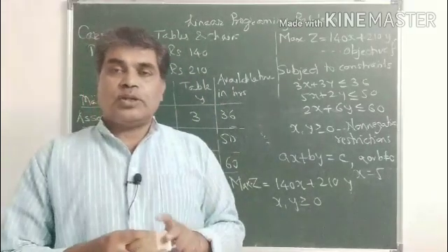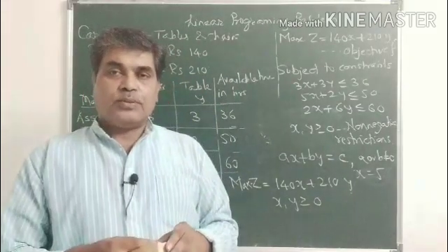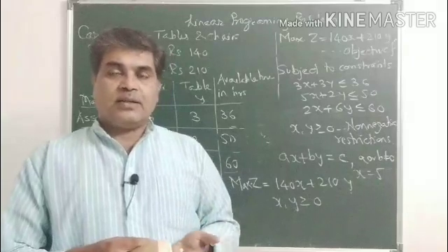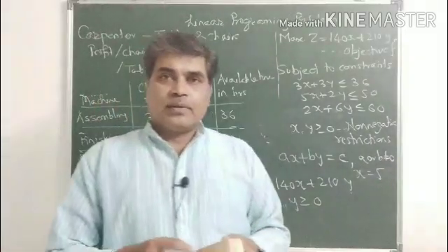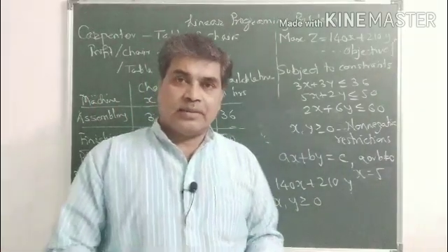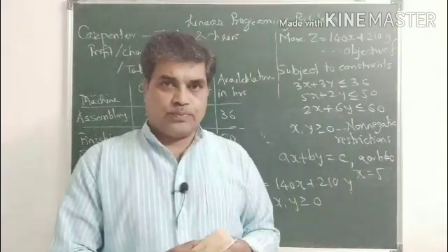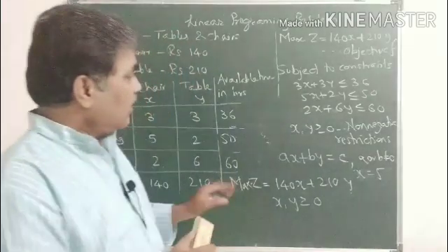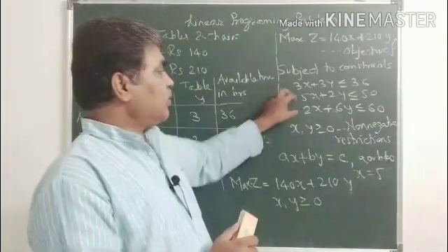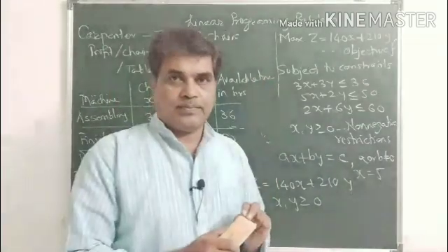In that case, we have other techniques which you will study at a higher level in engineering, computer science branches or at graduation level. But at this level, we will only study linear programming problems in two variables.